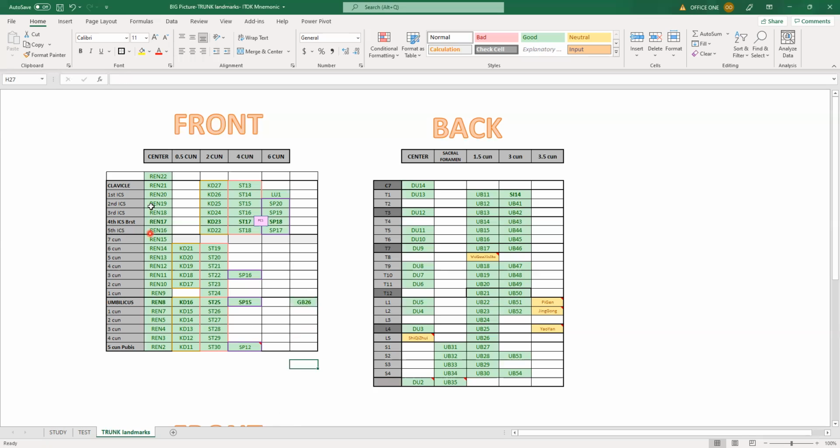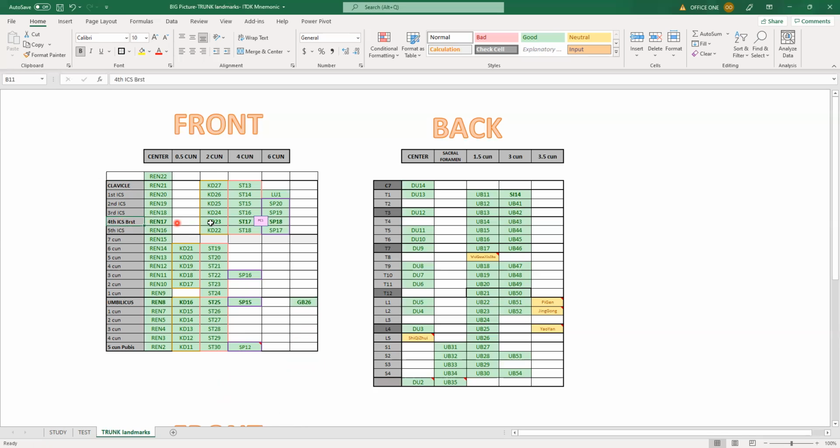So if you memorize all those, all the rest is just counting upwards or downwards. Another recommendation is, because when we are locating these points on a real patient, we have to know these landmarks: the clavicle, the fourth intercostal space.